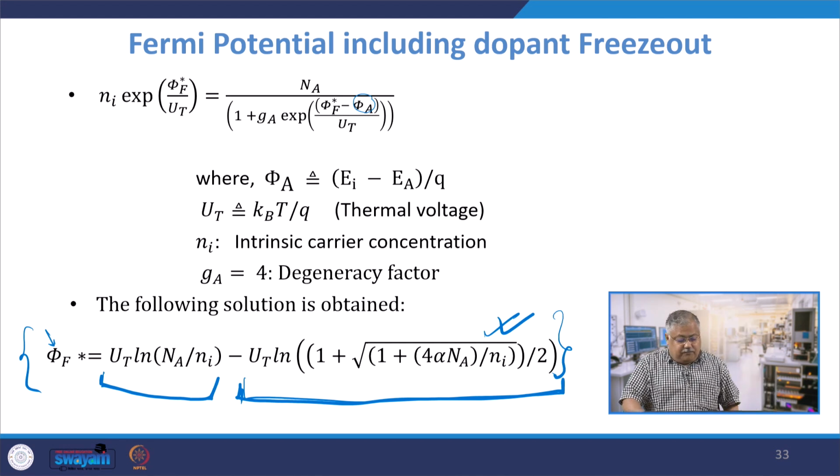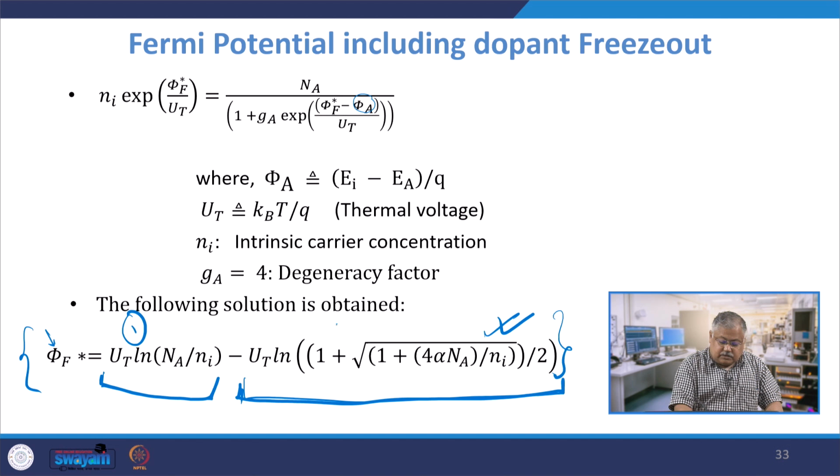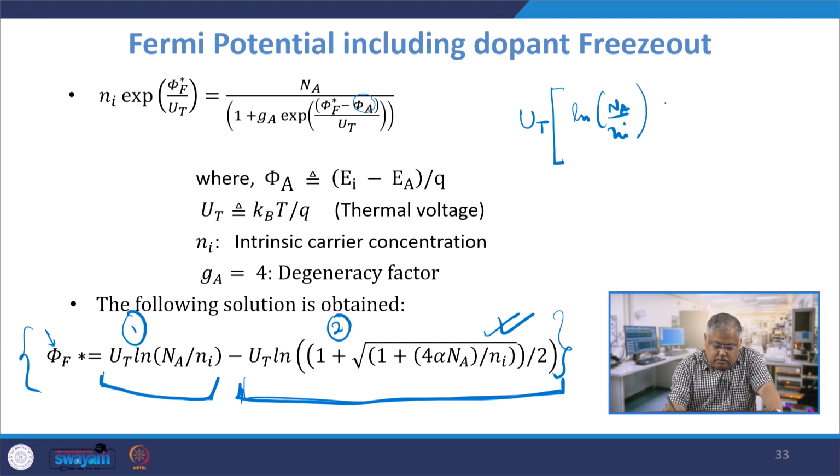If you look very carefully, the Ut term, kT by q, comes in the first term as well as in the second term, and both are the same in nature. Since Ut is the same, you take Ut outside and you do ln Na by Ni minus ln of this big quantity which you see, so it is basically Ut by 2 which comes out.